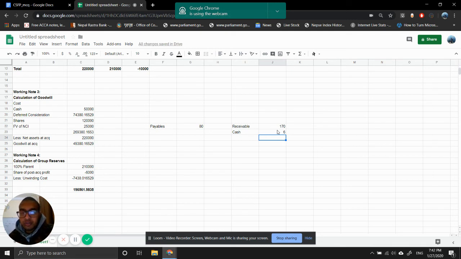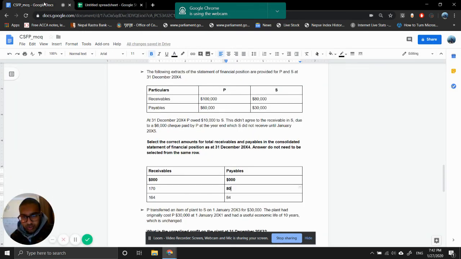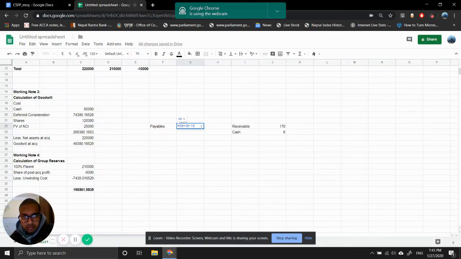What you normally do is you reduce it from receivables and you add it in cash. Okay, that's pretty much what you normally do. Okay, so receivables is 170, and then after that your payables is 80. No, no, wait. There has not been a net effect of 10 itself. Let's see.